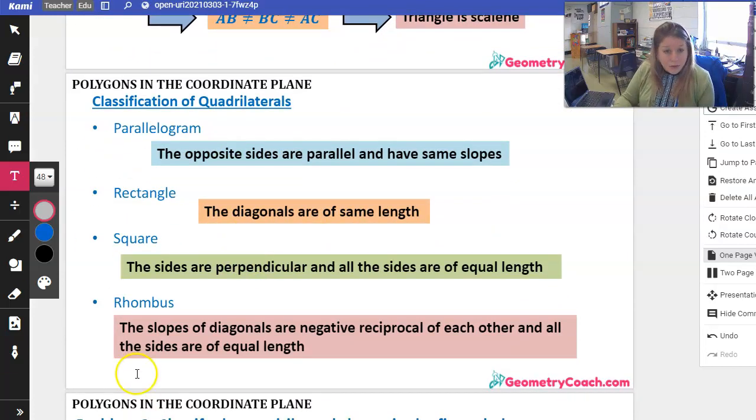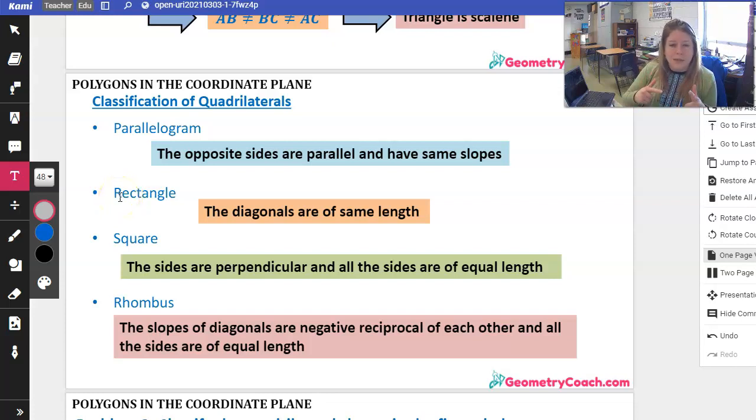Alright, so the next one we've got classify the types of quadrilaterals. Now, these should be fresh in your mind. Parallelograms. Opposite sides are parallel because when they're parallel, they have the same slope. And opposite sides are equal. Rectangles. Diagonals are the same length. And opposite sides are equal. And consecutive sides are going to have inverted slopes of each other.